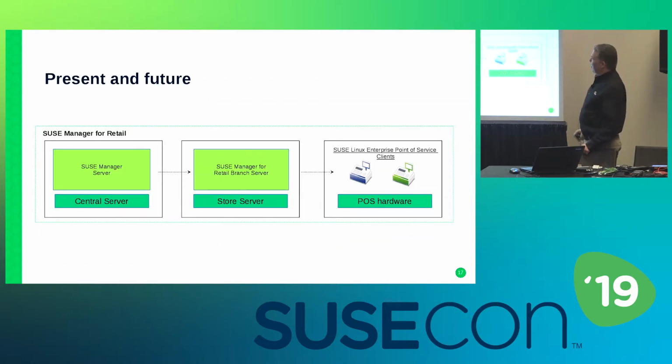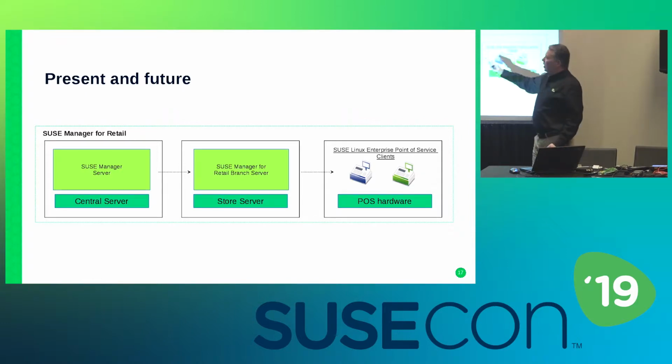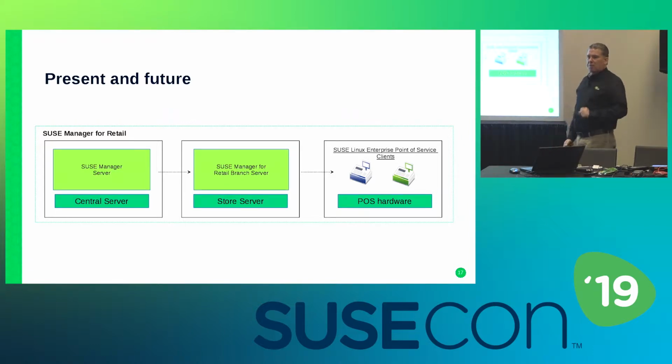So the new setup, from a product name perspective, as you can see, we have our SUSE Manager as a central server, we have our SUSE Manager retail branch server, and the third subscription you will have is the SUSE Linux Enterprise Point of Service clients. Okay, so that's how it's structured today. It's important to know, with the question that you had, because when you combine all three of these together, we unlock the feature that gives you what's called the SUSE Lifecycle Management subscriptions.